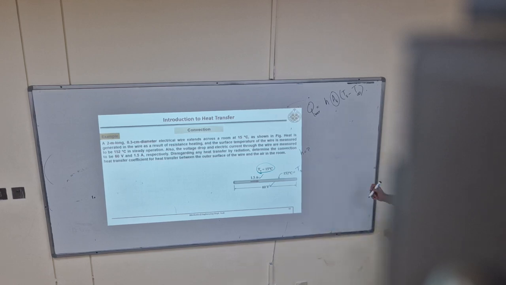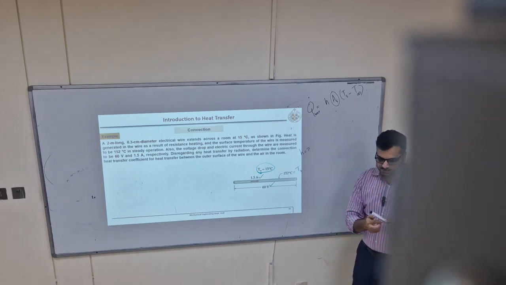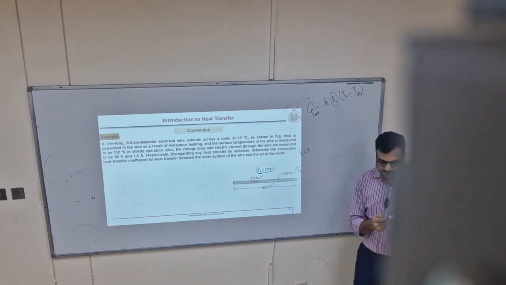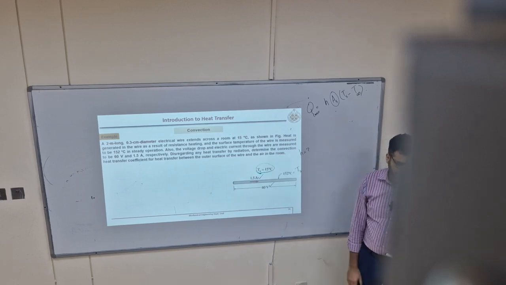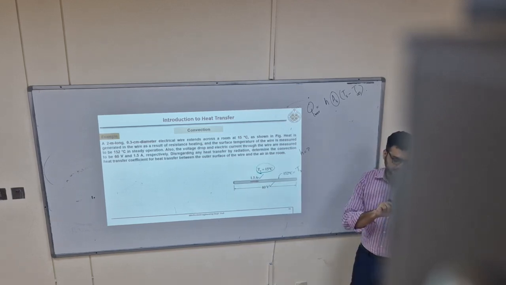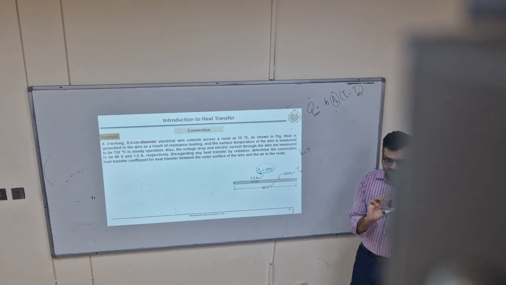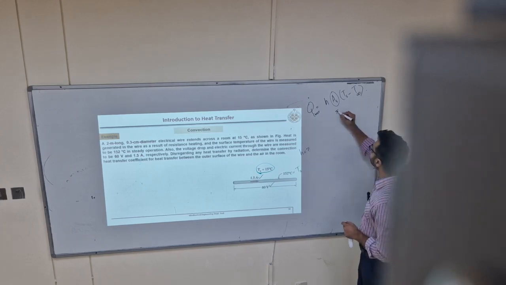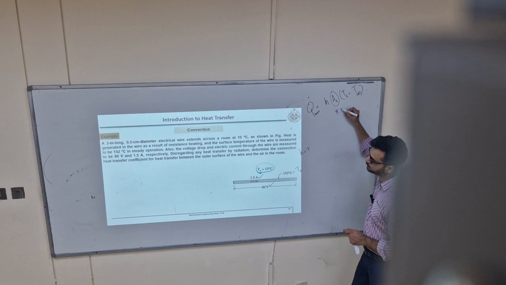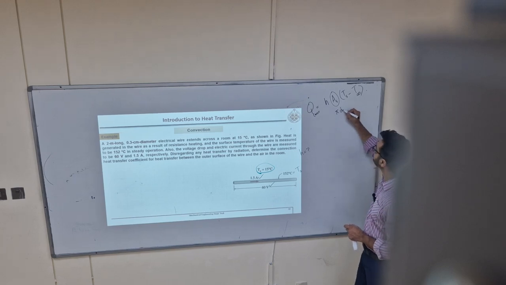Yes, so the surface area of the cylinder plus these end areas are also included. But normally in this case, for a long wire of very small diameter, we can neglect these two. This is the main area of heat transfer. So this is pi D L or 2 pi r L. Diameter is given, so pi D L.